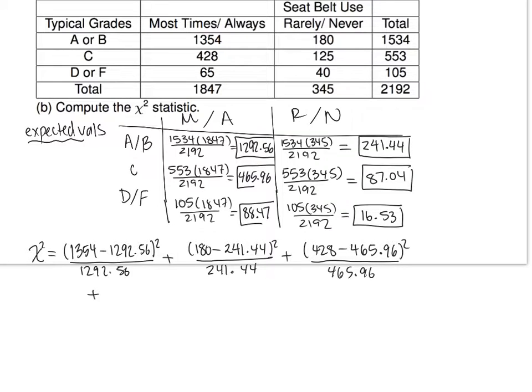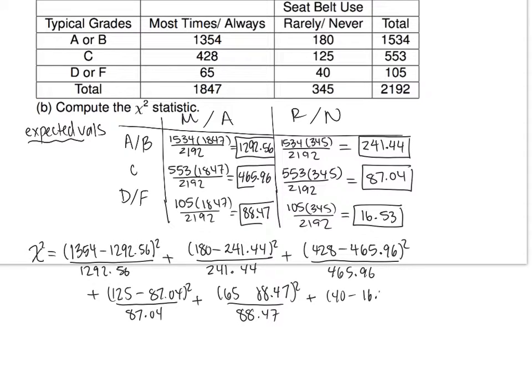And just keep going, plus 125 minus 87.04 squared over 87.04, plus 65 minus 88.47 squared over 88.47, and then finally, goodness gracious, 40 minus 16.53 squared over 16.53.